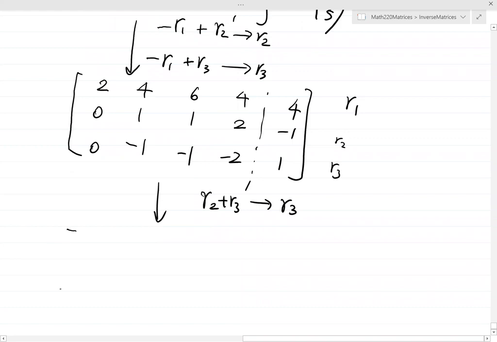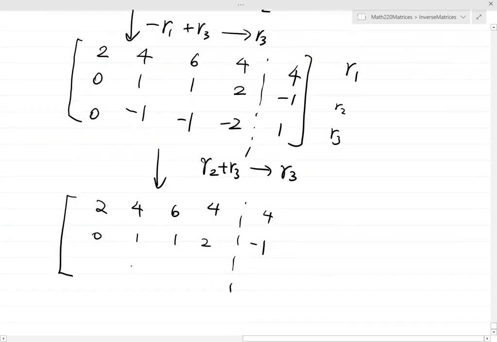Then what do we get? Look at 2, 4, 6, 4. We do nothing to row 1 and row 2. Then we get 0, 0, 0, 0.